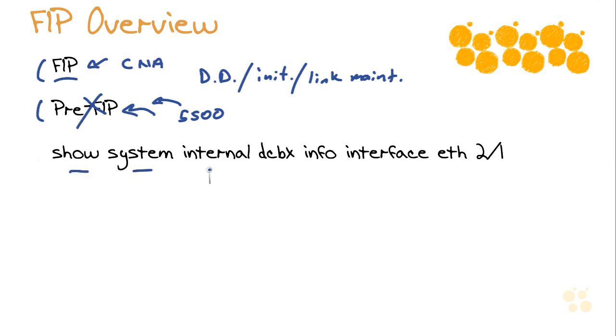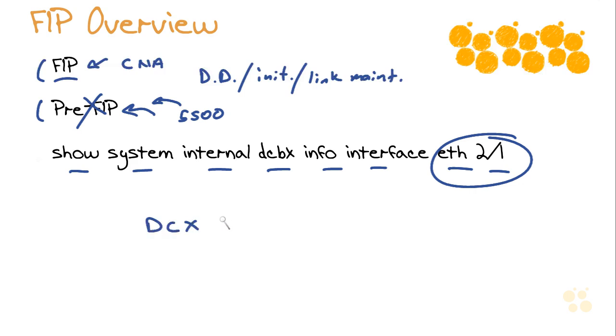The command you would utilize in order to verify your particular FIP support would be one of the longest commands that we have in the course: show system internal dcbx info interface, and then specify your particular interface. There is a field in the output that says DCBX protocol.